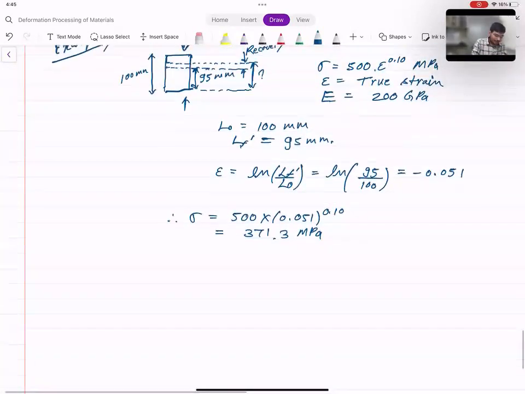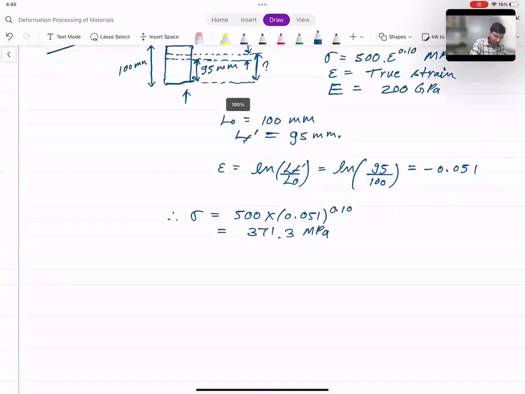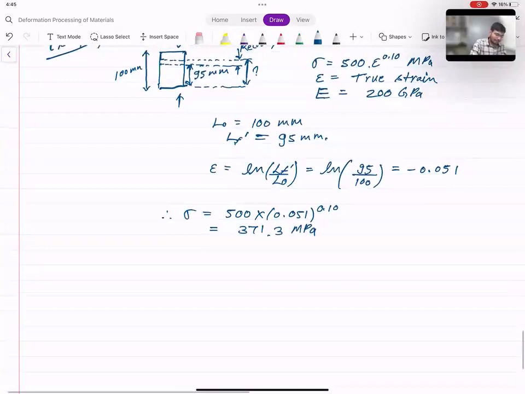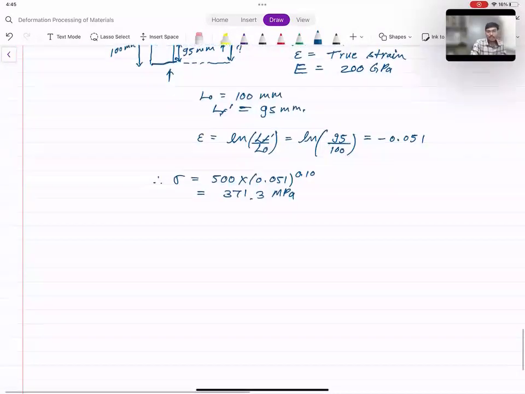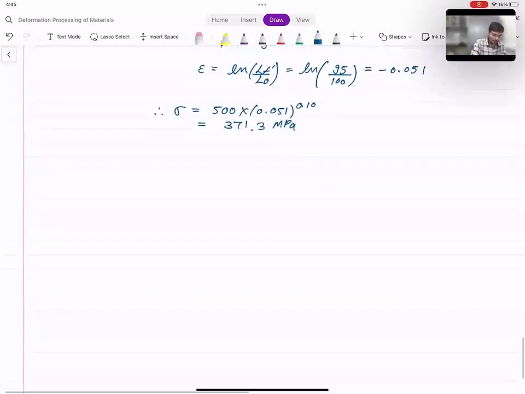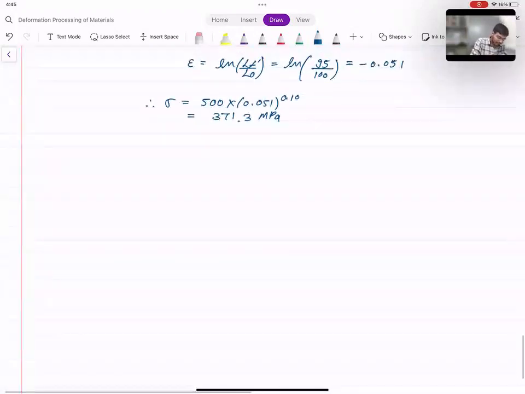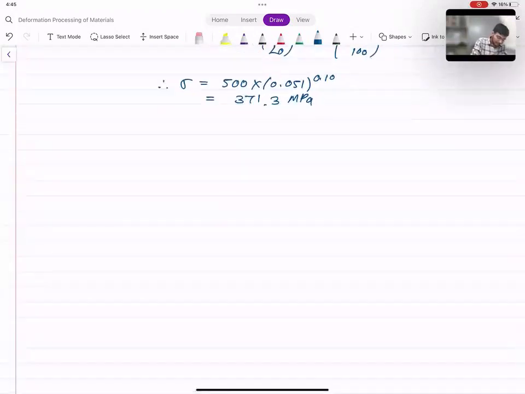Again, now let us consider the second step. Since this is an elastic recovery, an elastic type of deformation, Hooke's law will be valid. And if Hooke's law is valid, then what is the relation? Sigma is nothing but epsilon E, or E epsilon. Okay, so here let us put the values.